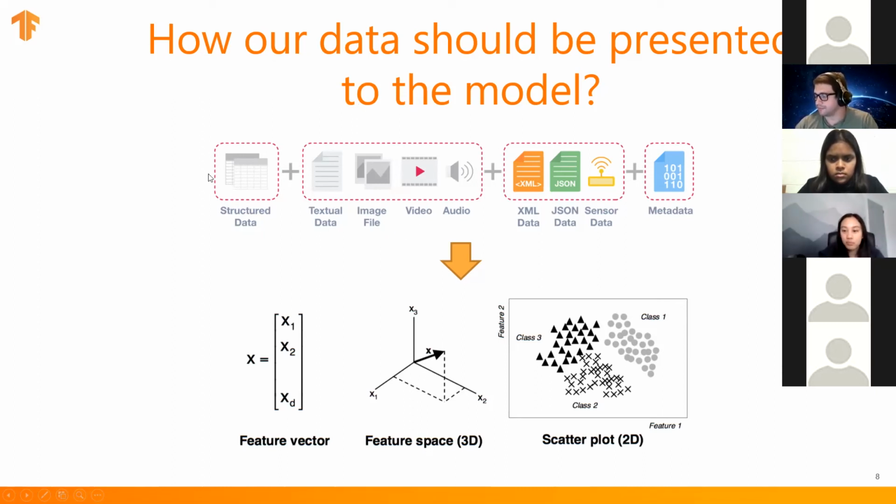So the data can be presented in different ways. But in order to identify what we can use to solve that particular problem, we need to somehow turn our data into a vector representation.